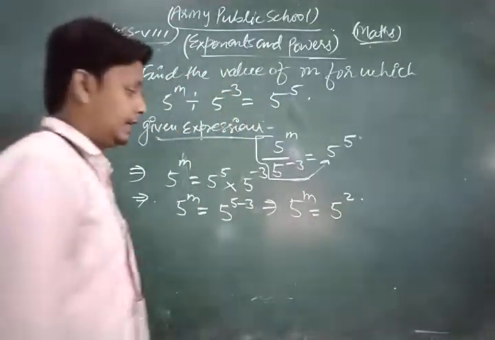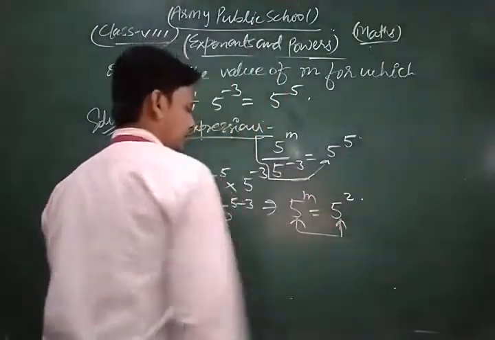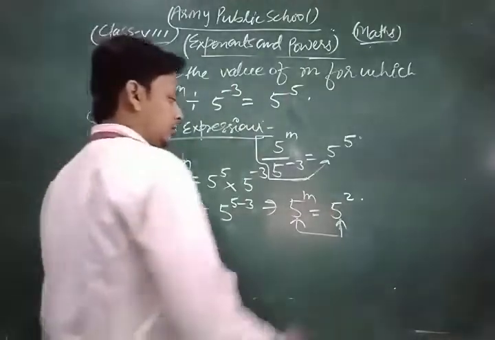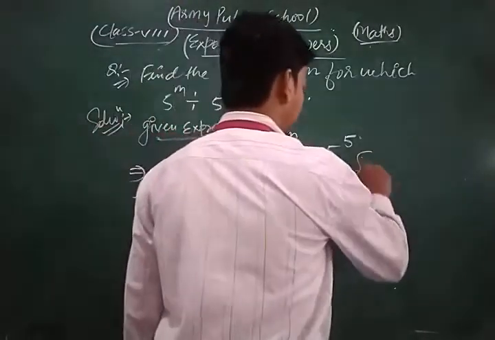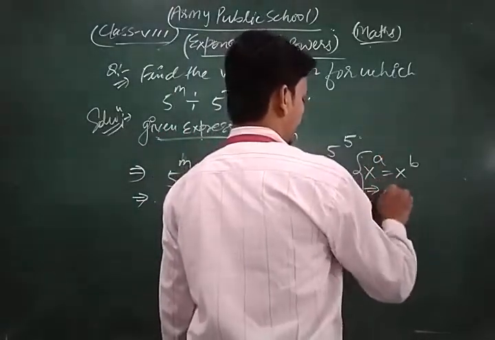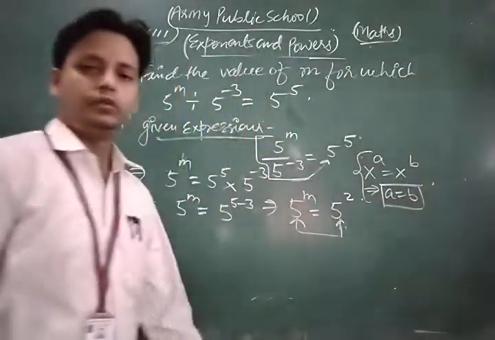Now look, here the bases are the same. So now on comparing both sides, if x to the power a is equal to x to the power b, then we have a is equal to b. We can write it in this way.